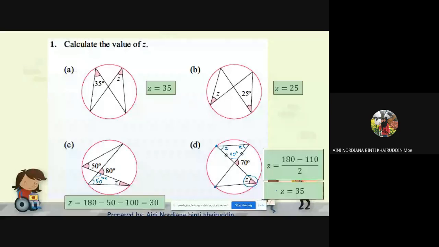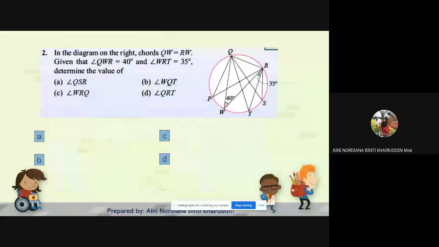Okay, next question number 2. 2A, angle QSR. So angle at here equals 40 because it came from the same arc, QR.